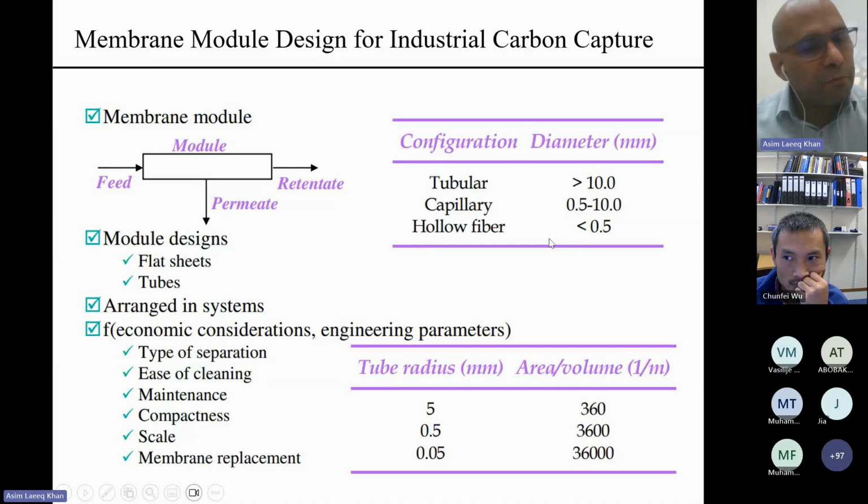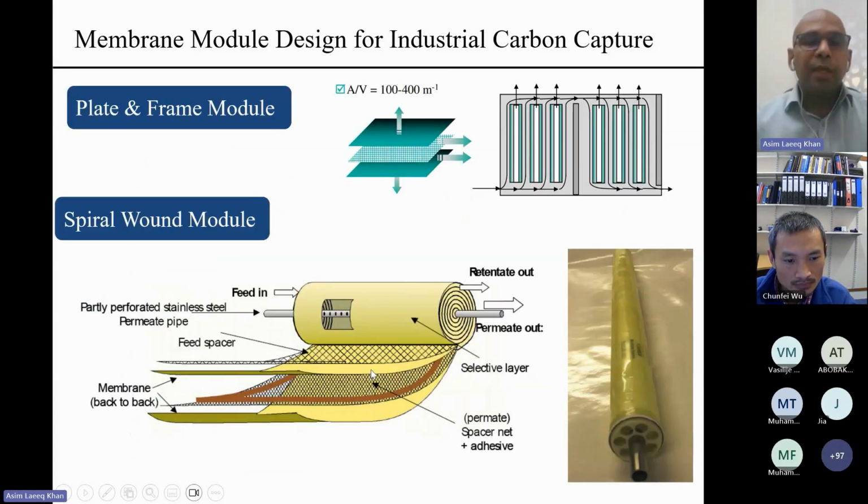However, there are many other criteria on the basis of which the selection of module is made, depending on the mixture, the cleaning, maintenance, compactness, scale of the separation, and the lifetime of the membrane.